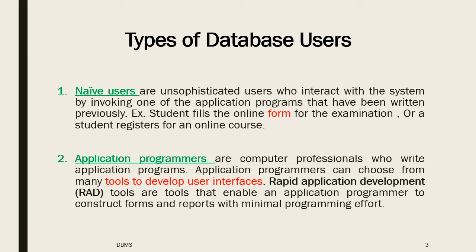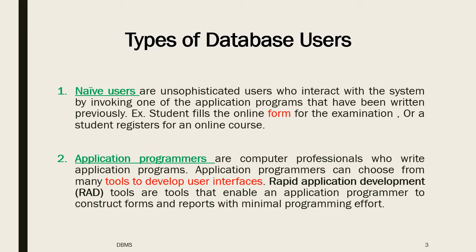The second type of database user are the application programmers. These are computer professionals who write application programs. Application programmers can choose from many tools to develop user interfaces, and rapid application development tools are tools that enable an application programmer to construct forms and reports with minimal programming effort.